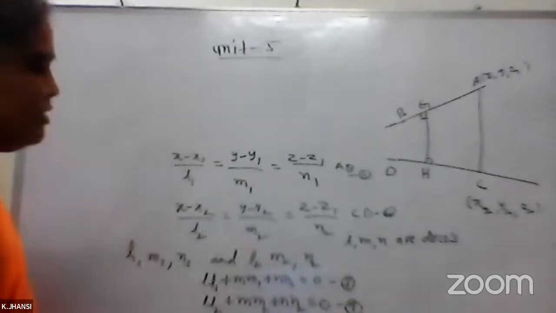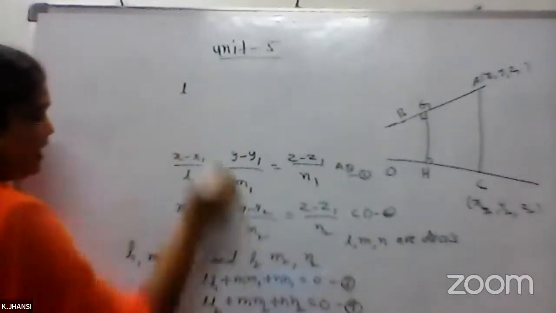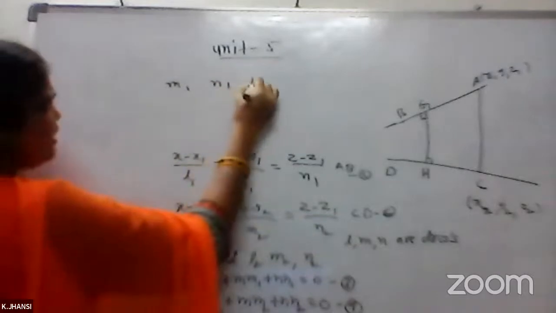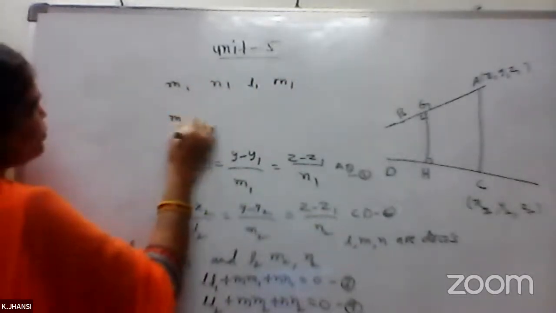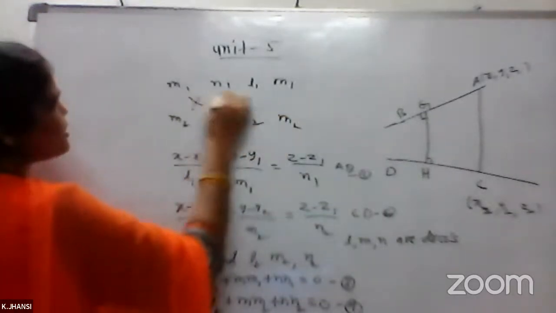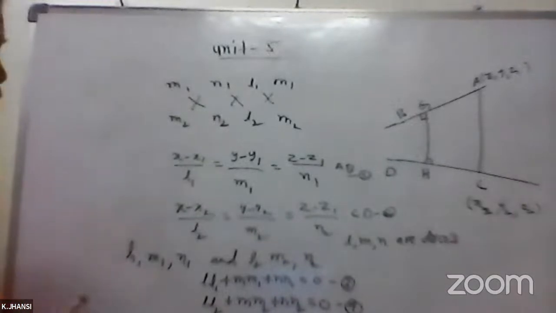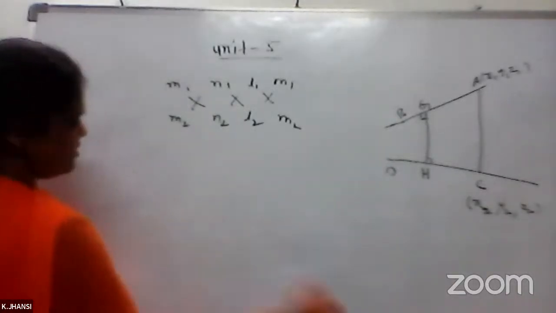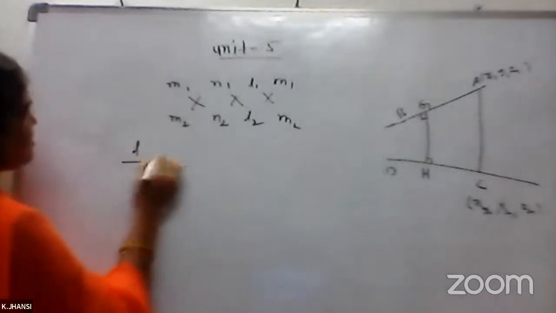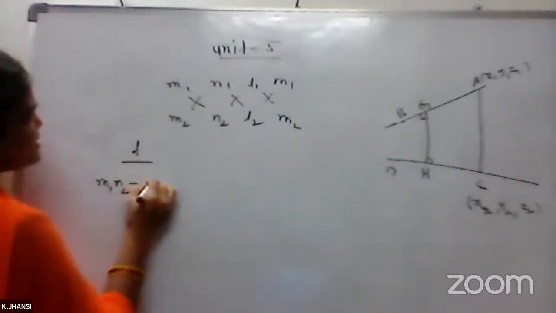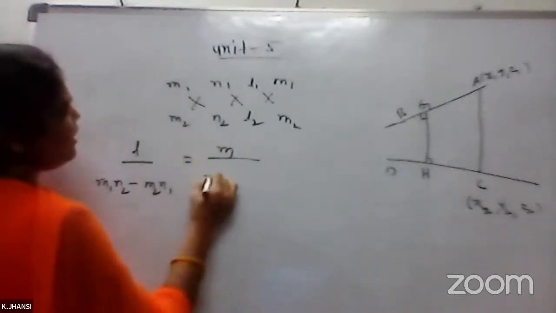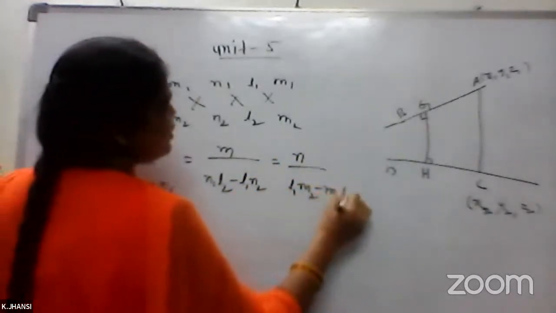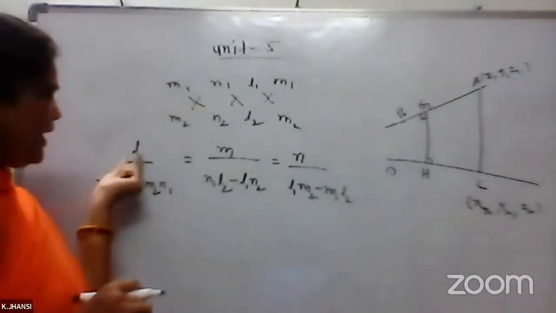Writing m1 n1 l1 m1, and m2 n2 l2 m2, if you do the cross multiplication you will get l, m, n values: l by m1 n2 minus m2 n1 equals m by n1 l2 minus l1 n2 equals n by l1 m2 minus m1 l2. So when you do the cross multiplication, you will get l, m, n values.